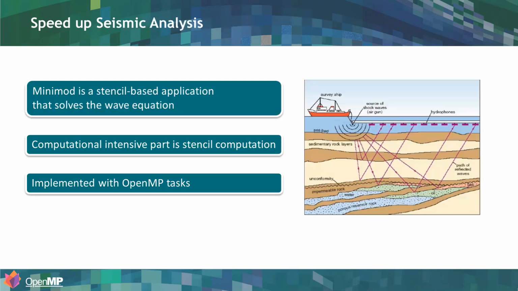And this computation has been implemented with OpenMP tasks. So a task-based model is where the software creates a pool of tasks, and each task is taken up by a thread, which executes on a core.